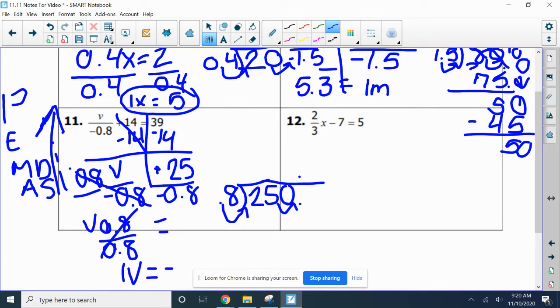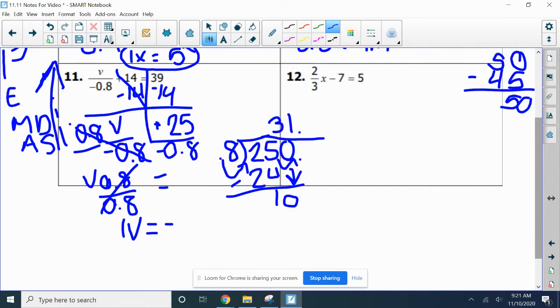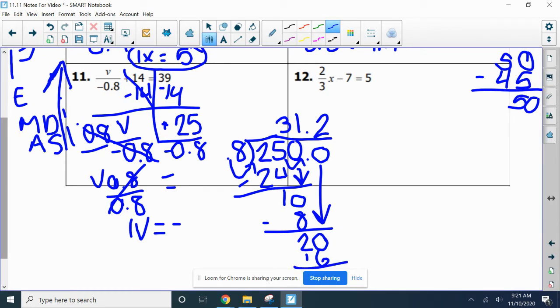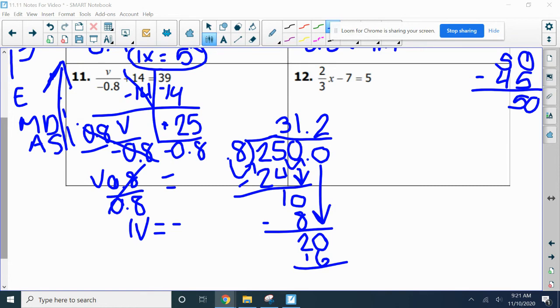I'm going to go ahead and put my decimal up to start with so I don't forget about it. 8 goes into 25 3 times, which is 24. And then 5 minus 4 is 1. 2 minus 2 is 0. Bring down that 1. 8 goes into 10 one time, which is 8. With 2 left over, we're going to bring down a 0. 8 goes into 20 2 times, which is 16. 20 minus 16 is 4.